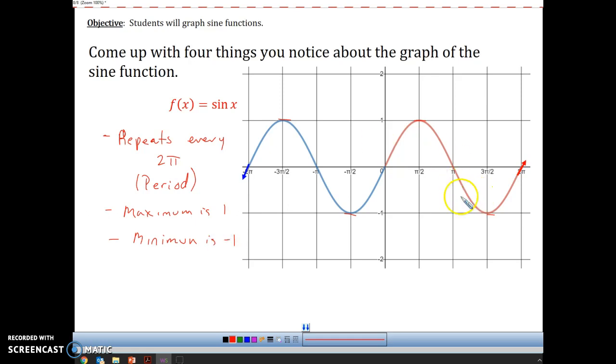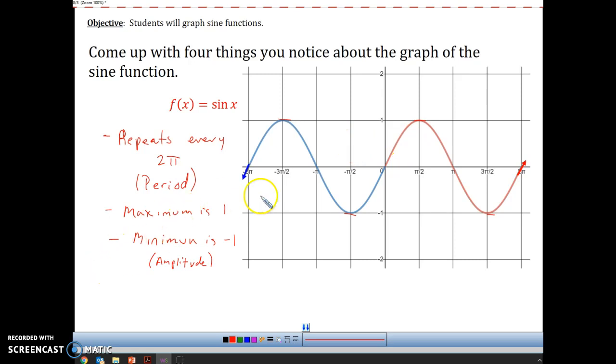We'll talk about this idea in another video, but this is what we call the amplitude. Amplitude is essentially the height of a trigonometric function from its midline value. And again, we'll talk about midline later on, but its height is 1.